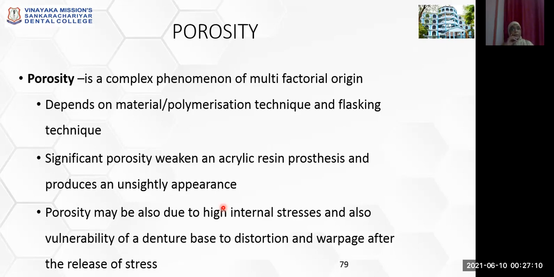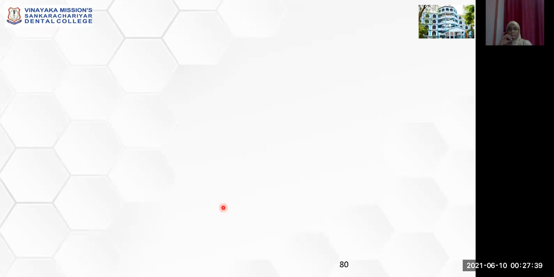If your powder liquid ratio was not proper, if you have not de-waxed properly, if you have applied too much pressure while doing bench press, or if you have not cured properly, the reason for porosity can arise. And when you have a porosity filled denture, it is susceptible to distortion and warpage, and aesthetically also it is not pleasing.